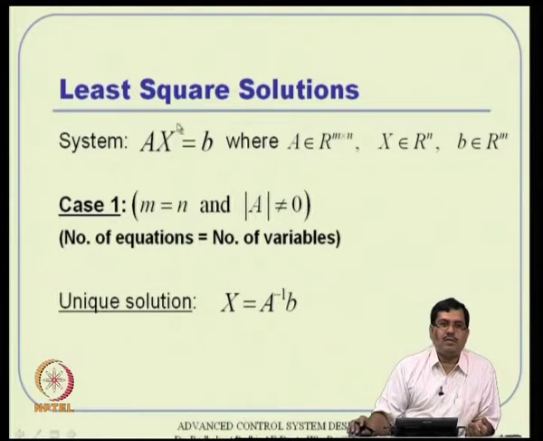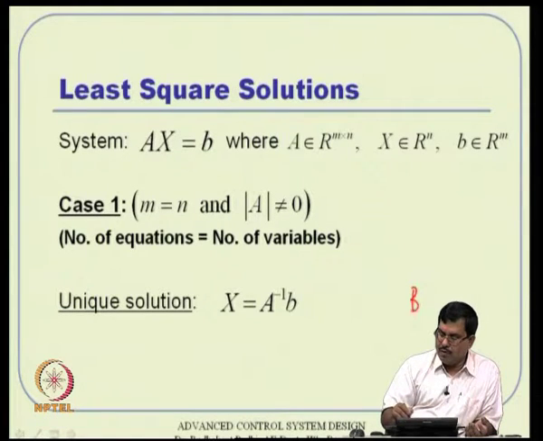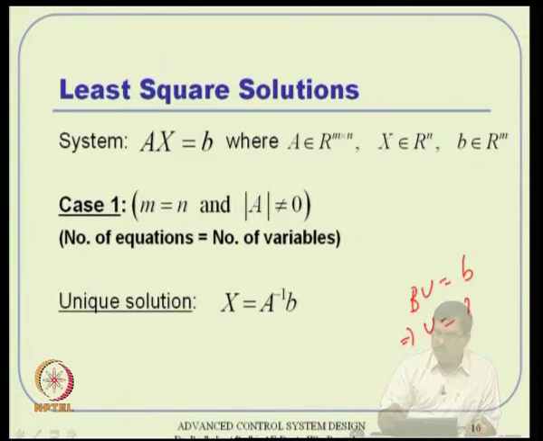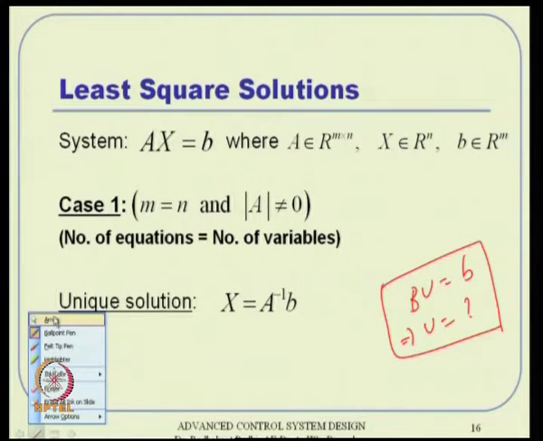We will come across this equation very repeatedly. Suppose, in control theory, most of the time we will end up with something like a matrix, some B matrix, nothing to do with the control influence matrix, but some matrix times U is equal to some vector B. Okay. Now, how do you solve for control? Okay, that's the question that we will typically end up with many times in control design.